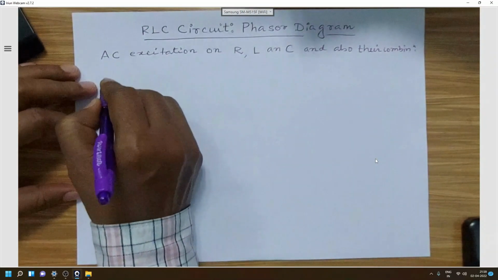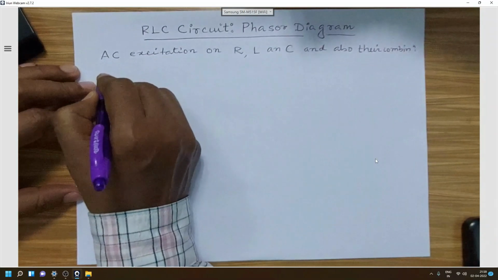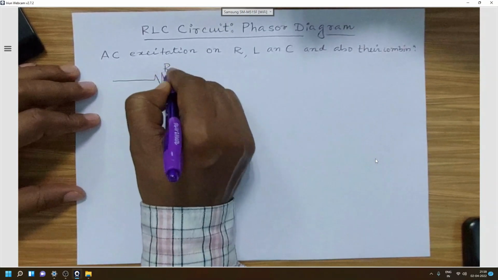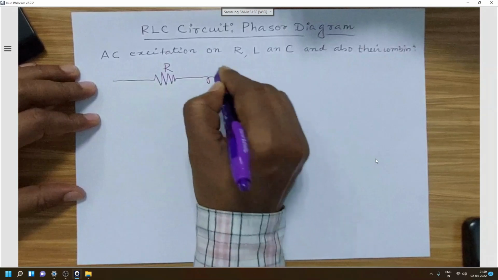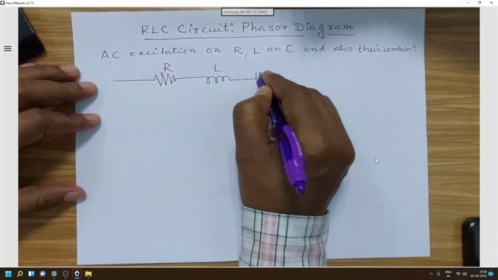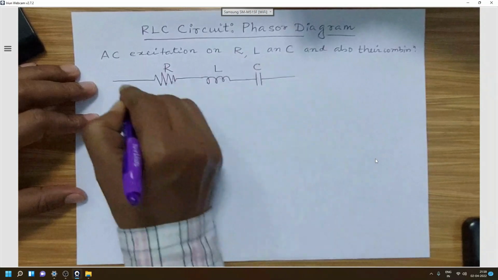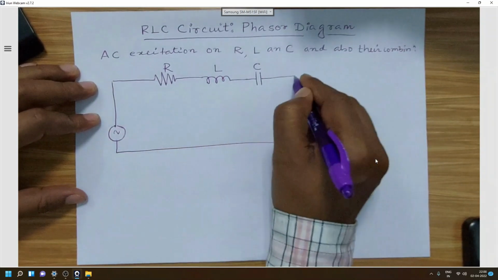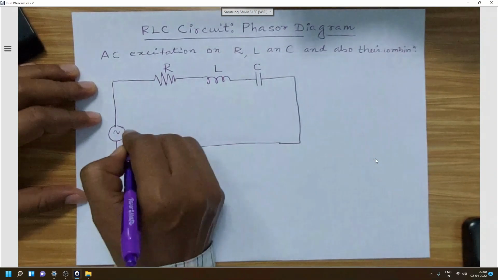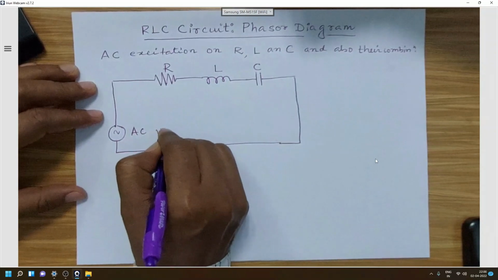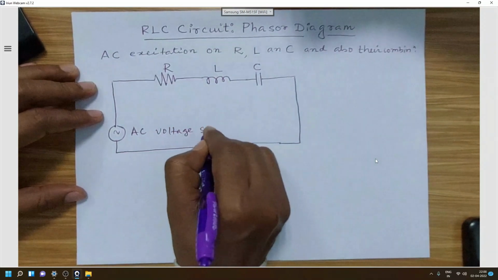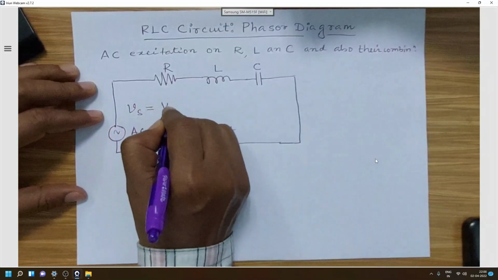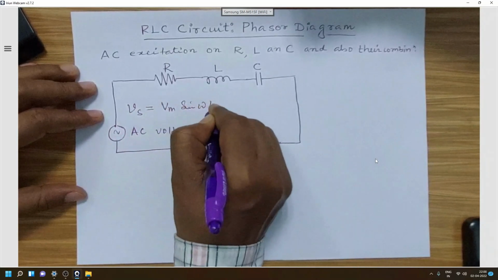There are three elements in one RLC circuit, that is R, L and C, and we will excite that series circuit by an AC voltage source, which can be considered as V equal to Vm sin omega t.